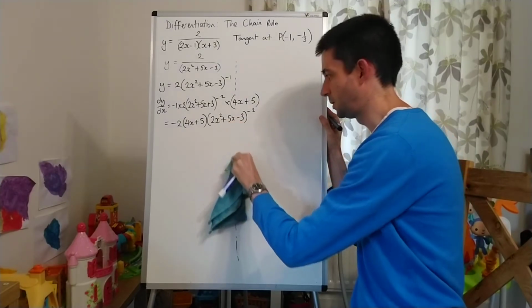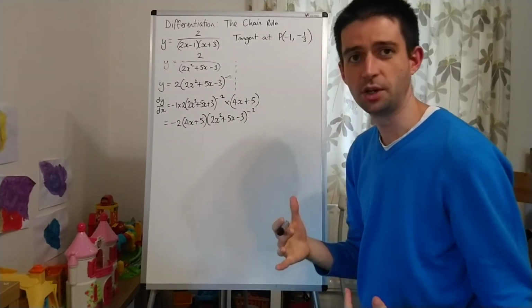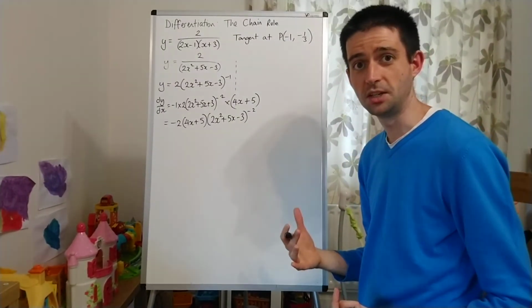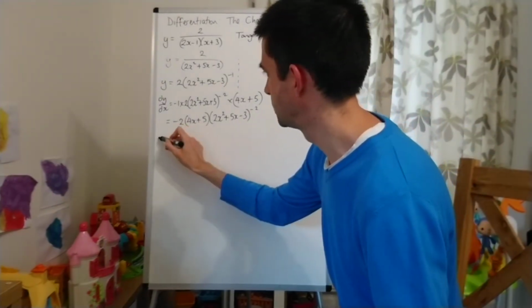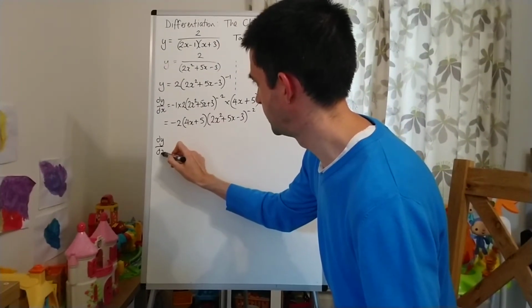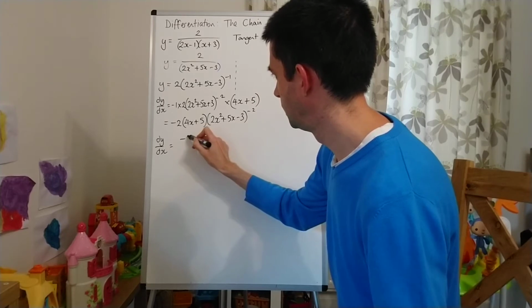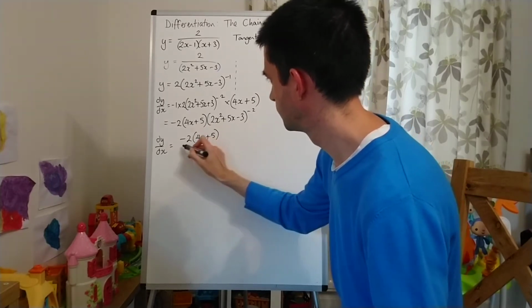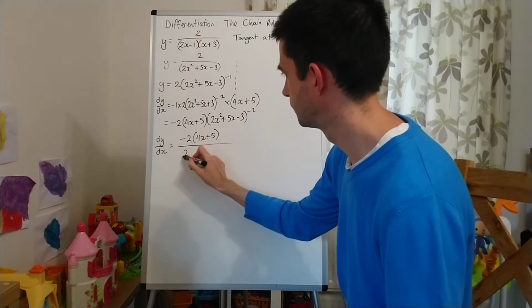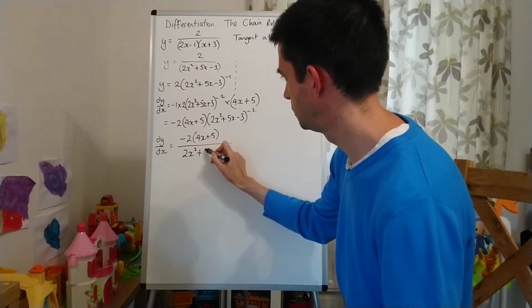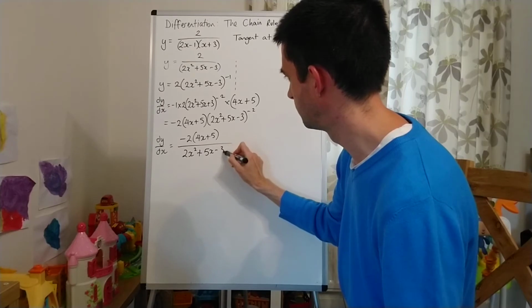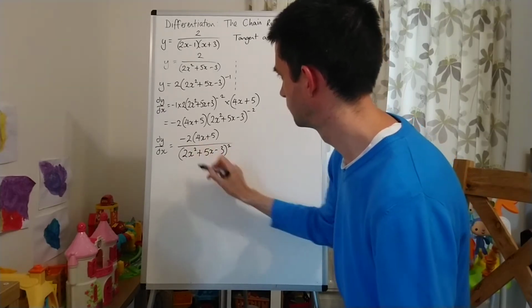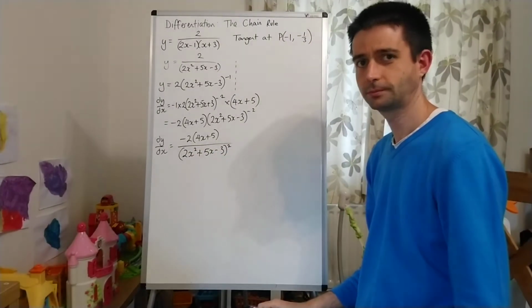And what I am going to do here is write this as a fraction, because it's going to make my substitution easier in a minute. So I'm going to take my time and write this as dy/dx equals -2 times (4x plus 5) all over (2x squared plus 5x minus 3) squared.